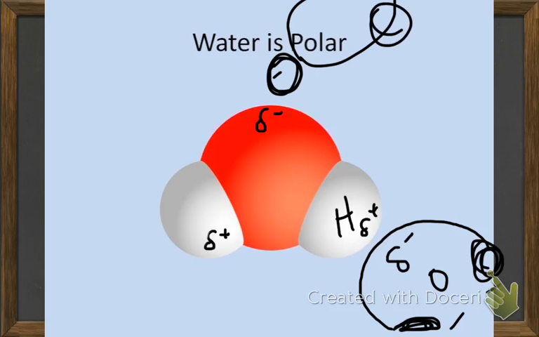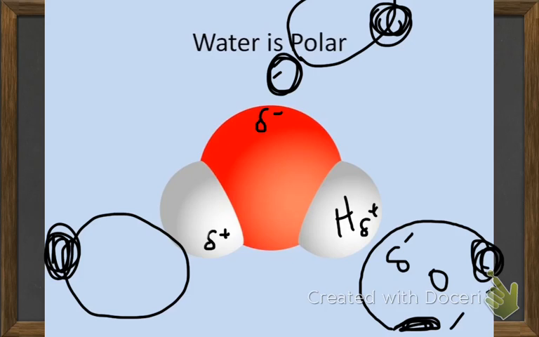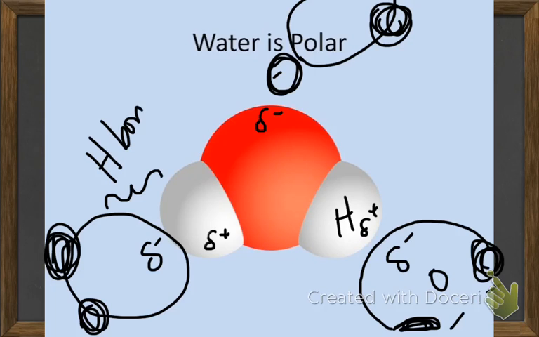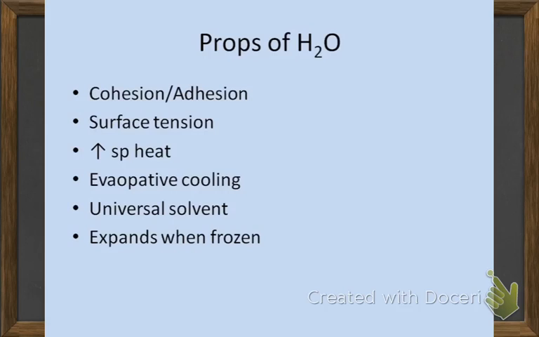Big oxygen. And another oxygen with its negatives. This holding together because of these slight positive and negative charges is called a hydrogen bond. This is going to be responsible for many of water's properties.